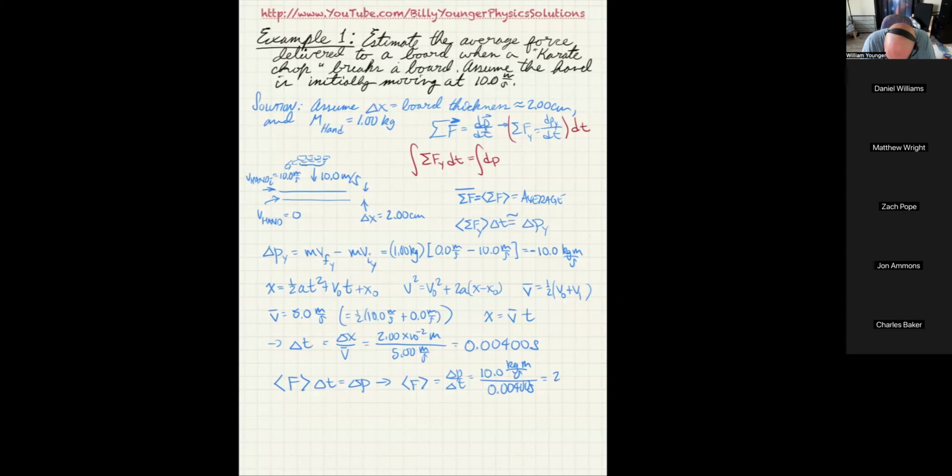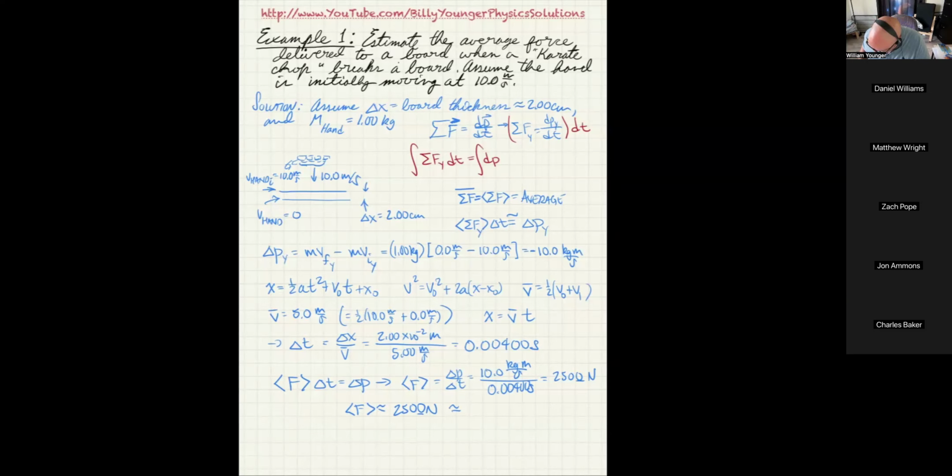That means the answer is 2,500 newtons. So that's roughly what the force on average would be. F is about 2,500 newtons, carrying an extra digit that's not significant, of course. And I could tell you that that is about 2.242.